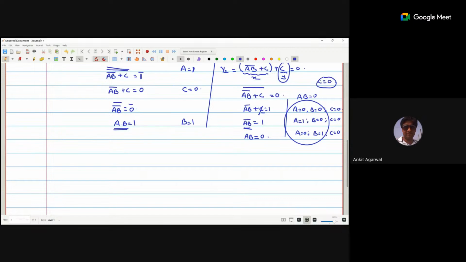It is an AND gate, and when any of the inputs is 0, the output is 0. So basically three possibilities are possible: A, B both 0; A is 0, B is 1; and A is 1, B is 0. And C we know is 0. Clear? Yes, sir.